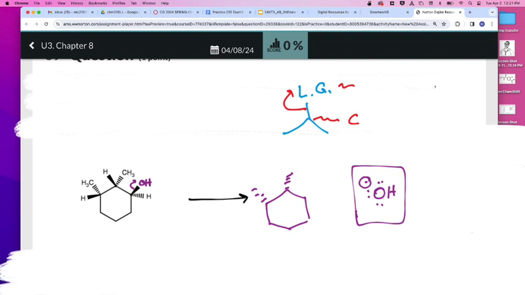Okay? What we're actually establishing is a line. Hydroxide is a better leaving group than hydride. Why? They both have the same charge. What's next? Size. Is there a difference in size?